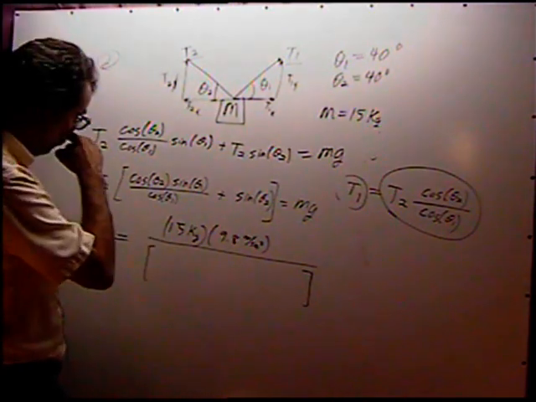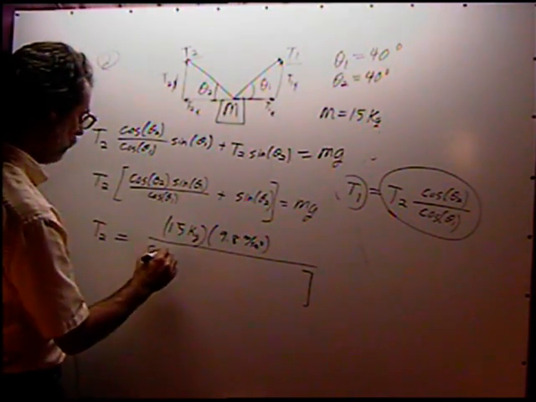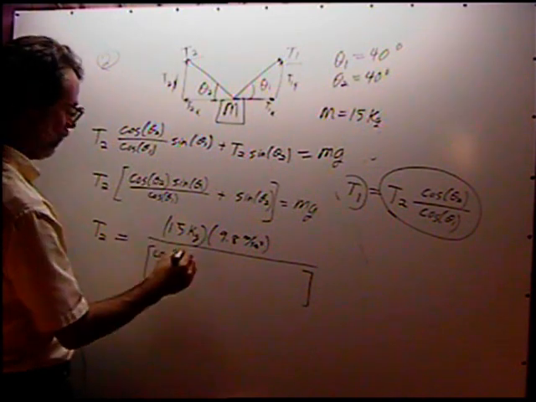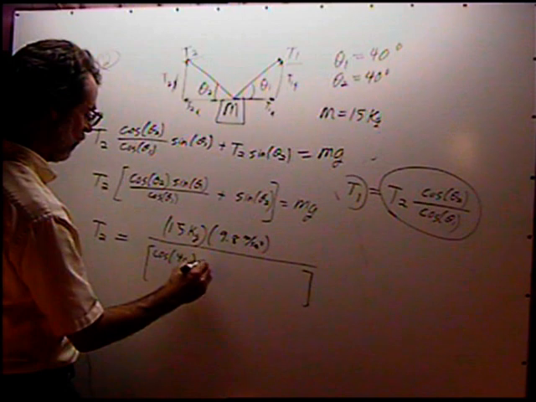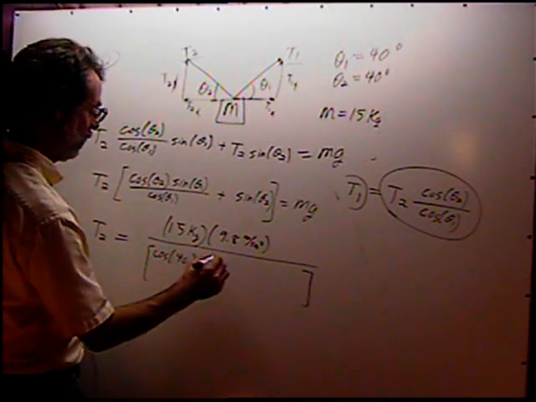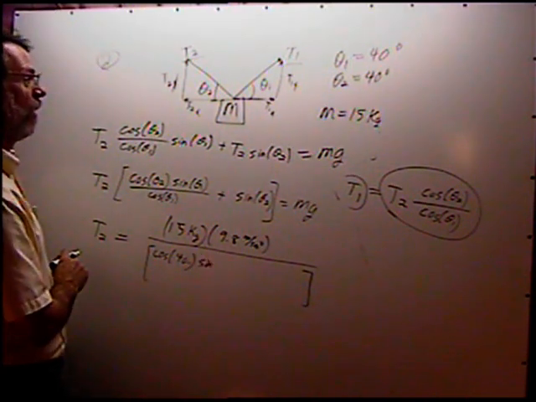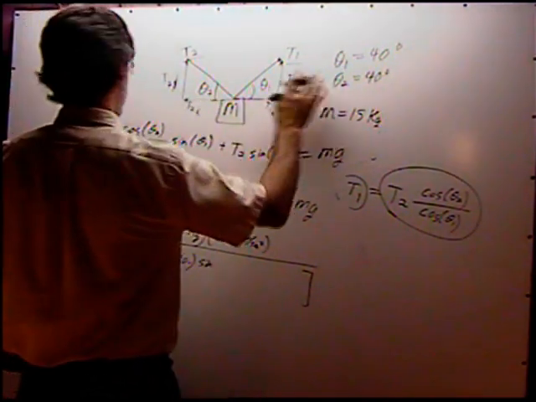So we have the cosine of theta 2 times the sine of theta 1. Whoops, I think I got this wrong.